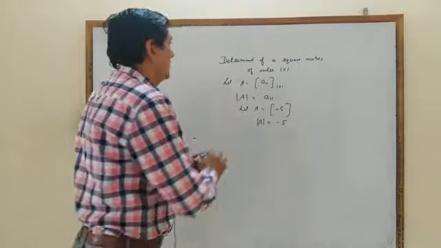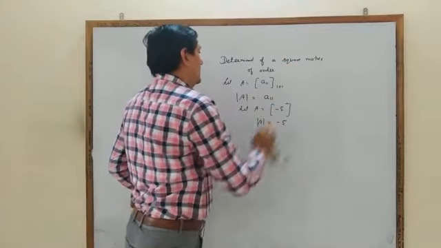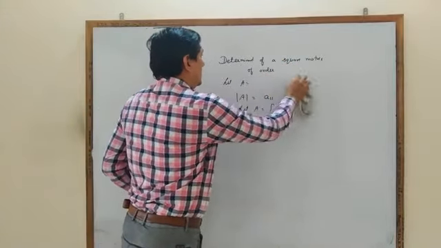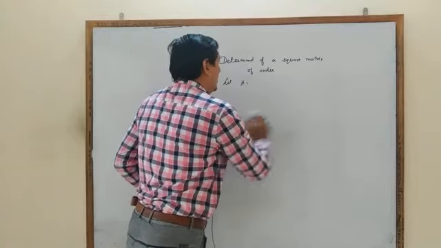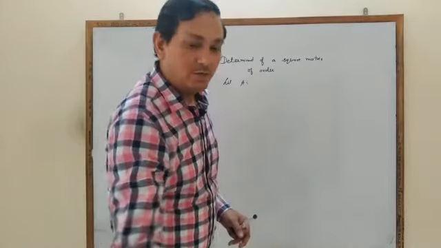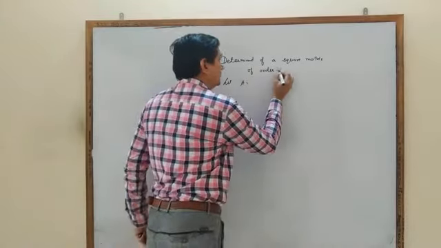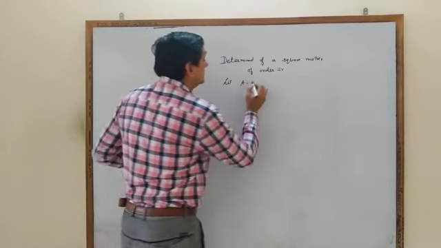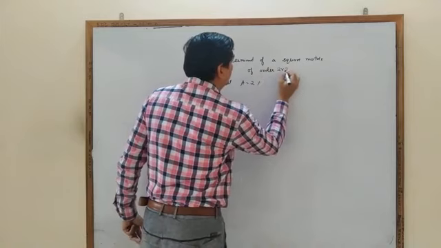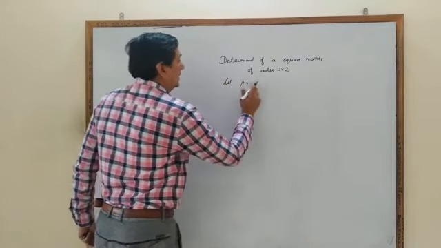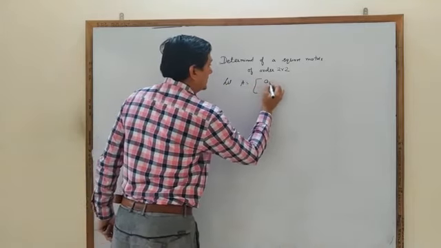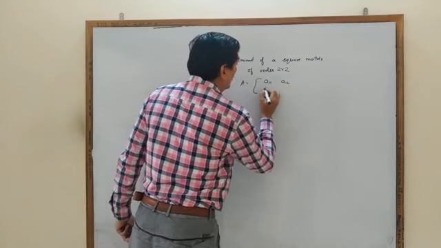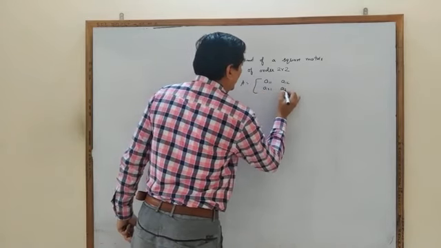Now we look at the determinant of a square matrix of order 2 by 2. Let A be a square matrix with entries A11, A12, A21 and A22.